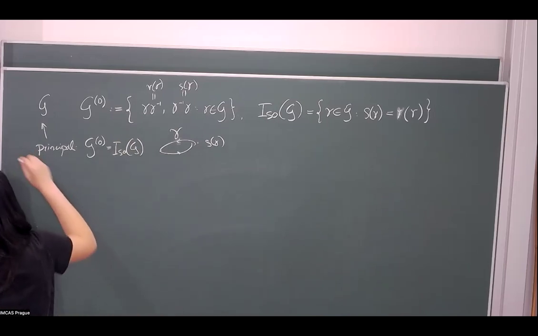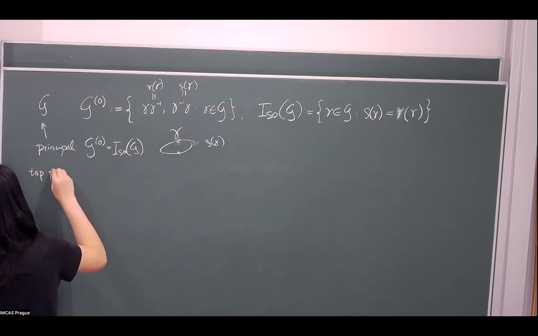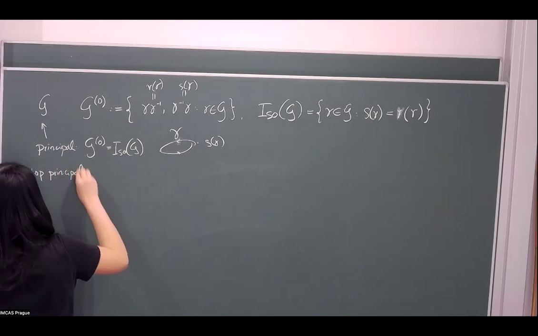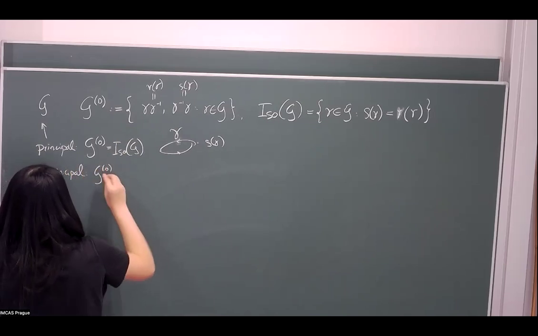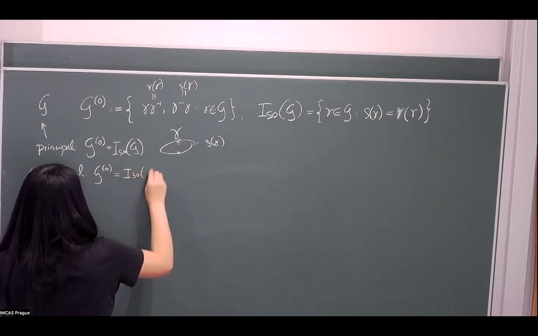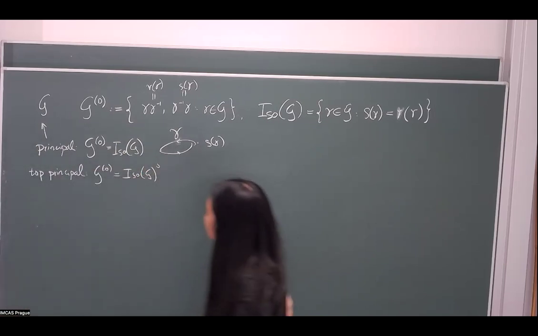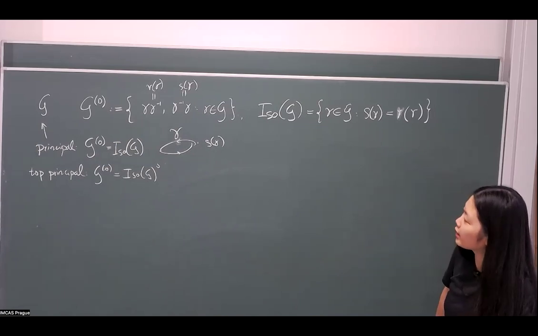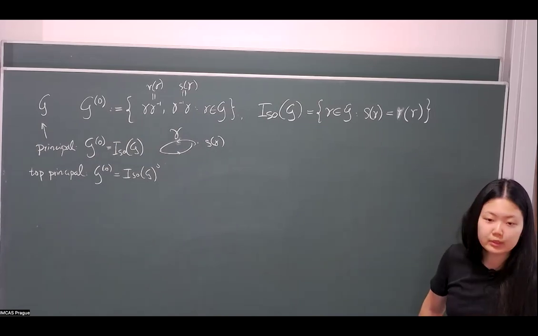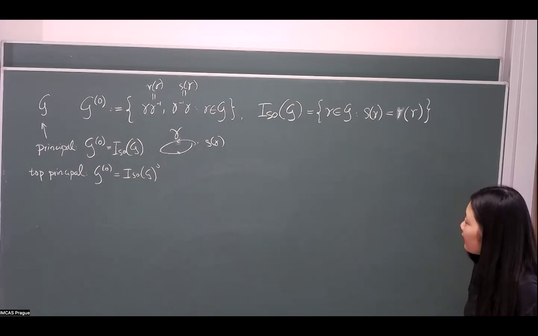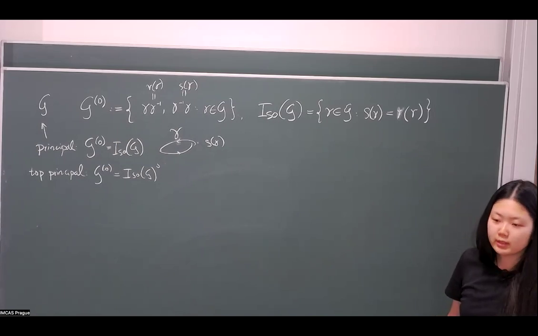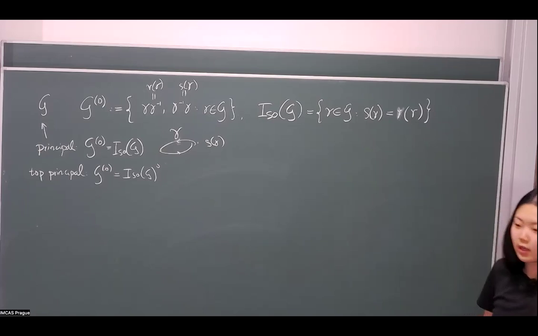And if you're topologically principal, meaning that you have the unit space the same as the interior of the isotropy, then your continuous functions on the unit space of the groupoid will give you Cartan subalgebras. And I wanted to just mention that in the cases that we're interested in, the groupoids are usually not principal and not topologically principal. So it's indeed a new question to try to find Cartan subalgebras in this big class of self-similar graph C-star algebras.